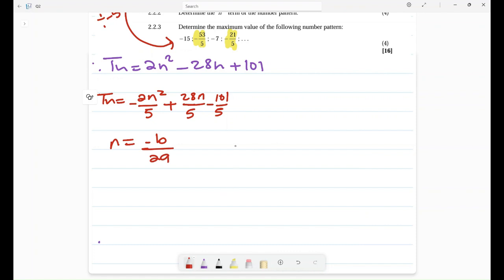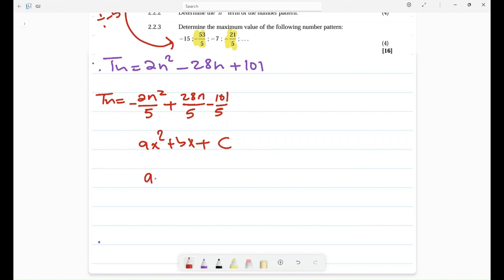Remember, if you're having a parabola like this, a parabolic shape, and you're asked to calculate the turning point, the maximum value. Why are we saying it is the maximum value? Because now look at this equation. It is in the standard form ax squared plus bx plus c, which is the parabola shape.